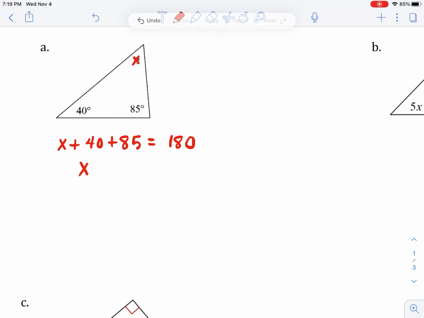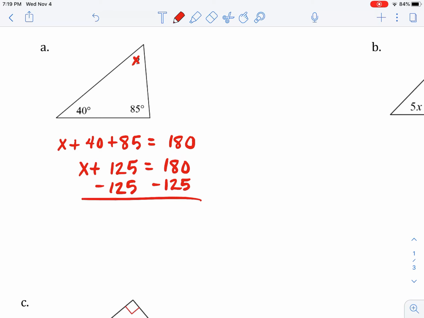So we'll have x plus 125 equals 180. We'll subtract 125 from both sides, and we'll get x equals 55 degrees. So the missing angle in this triangle must be 55 degrees.